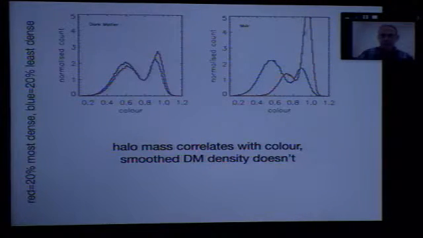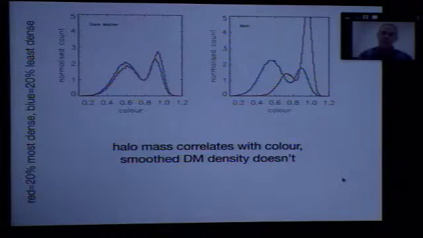Okay? And these red lines are the most dense. So most dense environments in the real universe typically have the reddest galaxies. And so this is where it's characterized by color, whereas dark matter doesn't correlate at all with the galaxy color. Okay, the distributions for the densest and the least dense are the same.